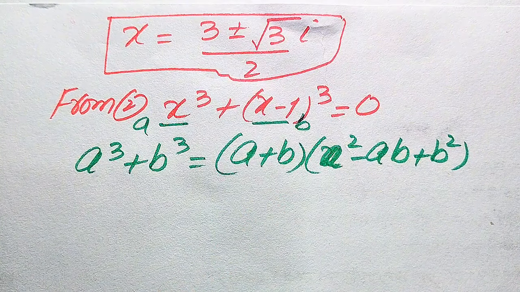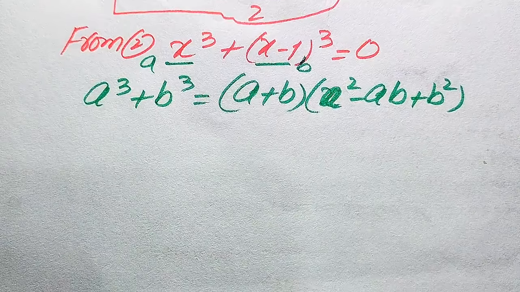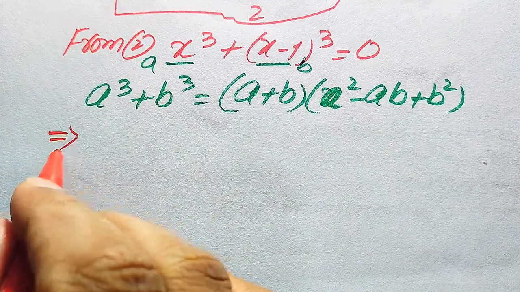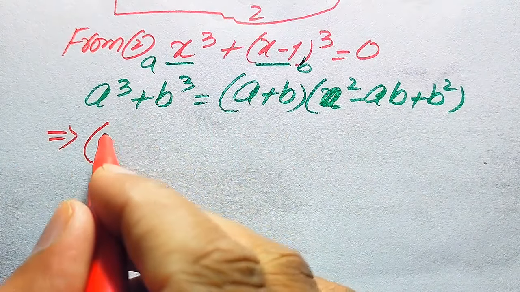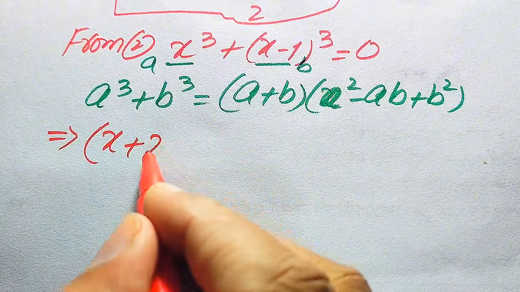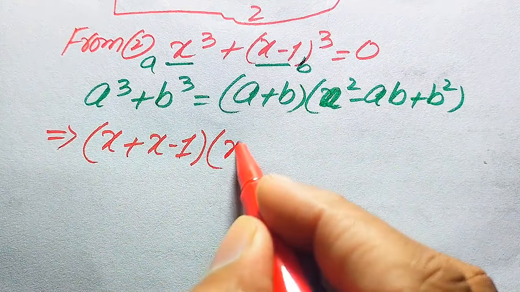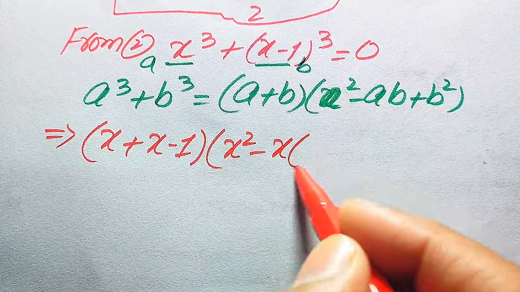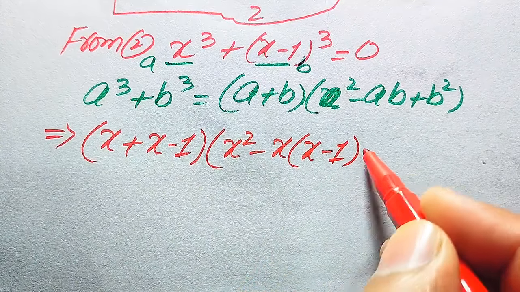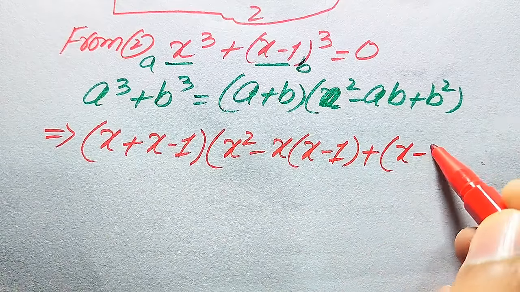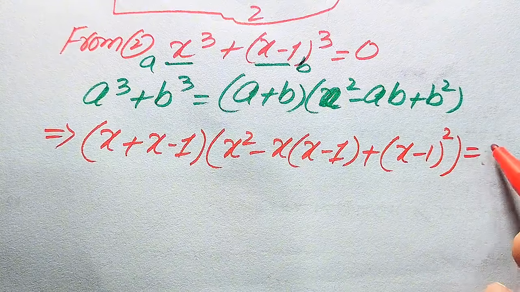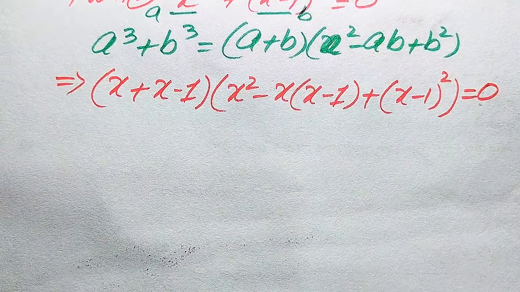So after applying the cubic formula, this will be written as: first you have a plus b, the value of a is x and b is x minus 1, into a square. A is x square, minus x into (x minus 1), plus (x minus 1) square, and this whole equation is equal to 0.